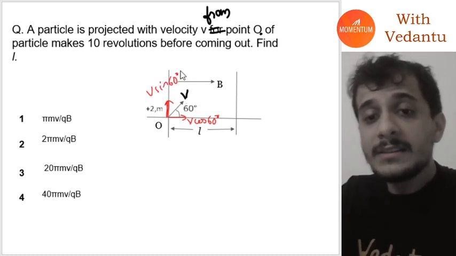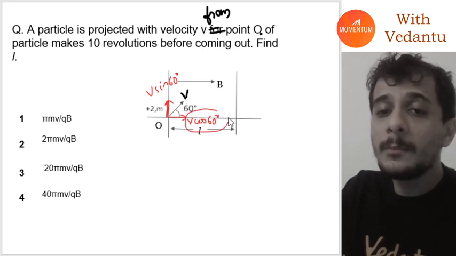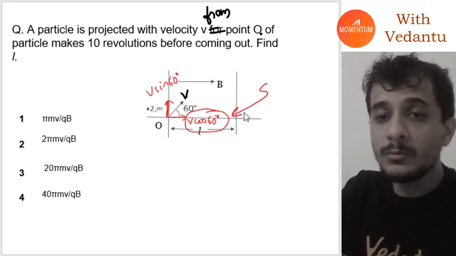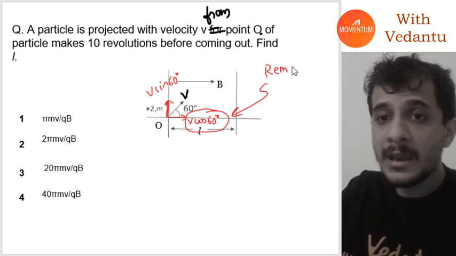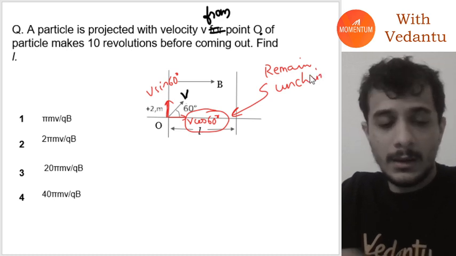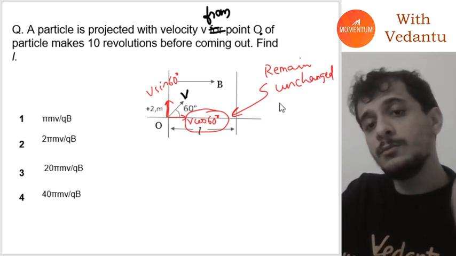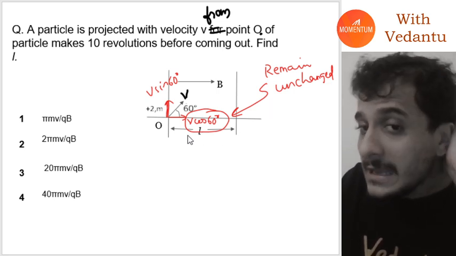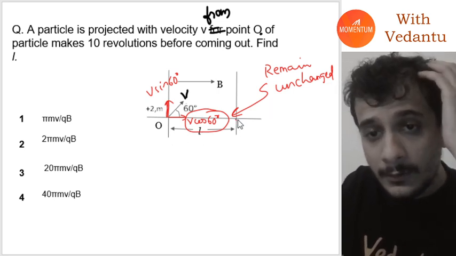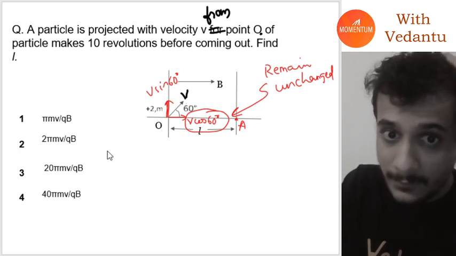Its velocity in the x direction, which is v cos 60, will remain unchanged throughout the motion. Let's call this point A.